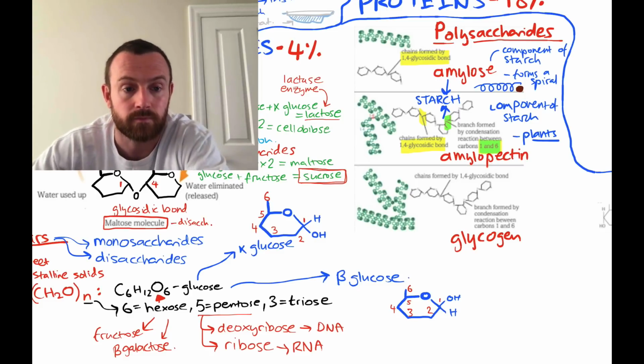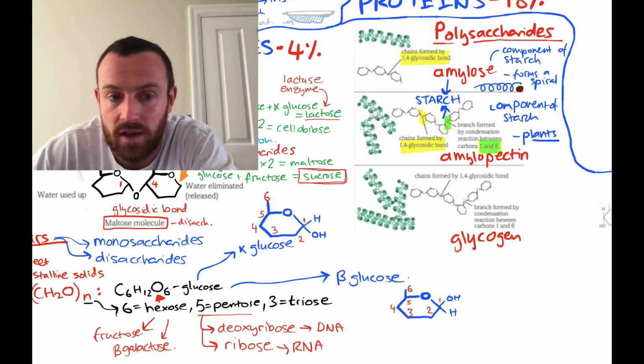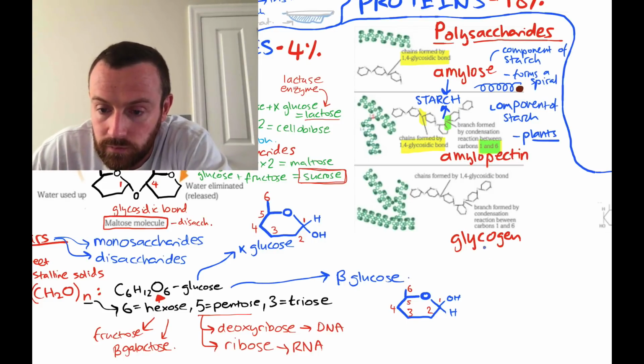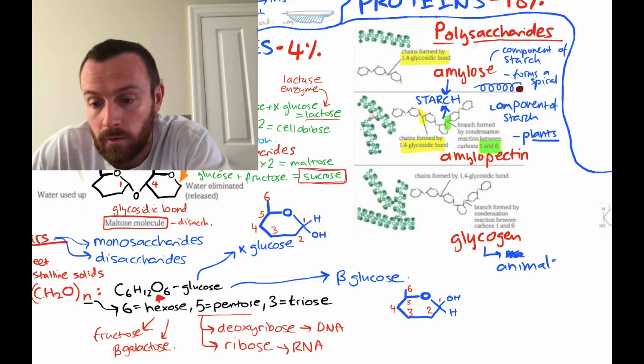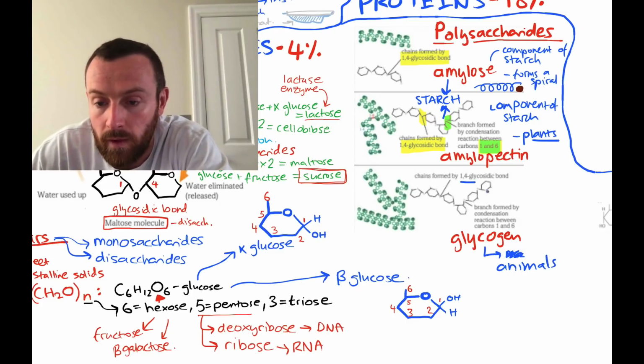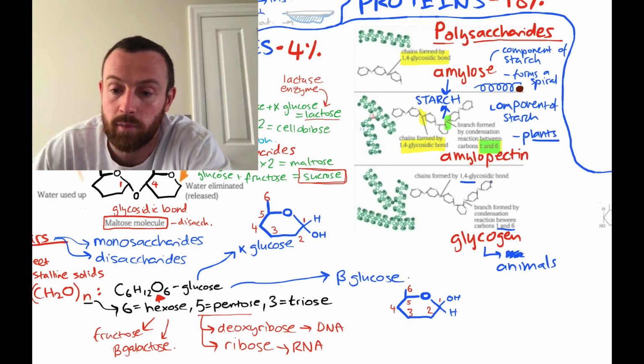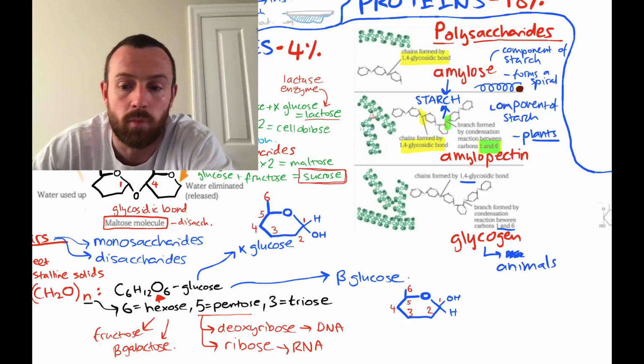All right. What else? Glycogen is found in animals. And it has both 1,4 and 1,6 glycosidic bonds, both of them, but it is more branched, okay?